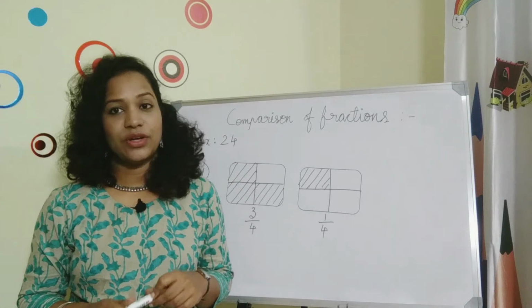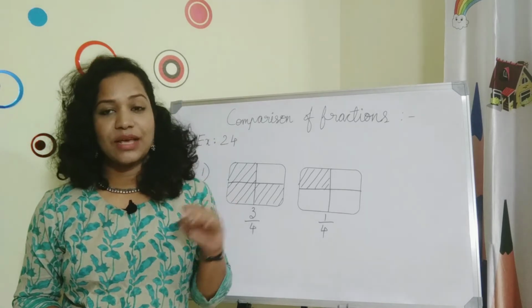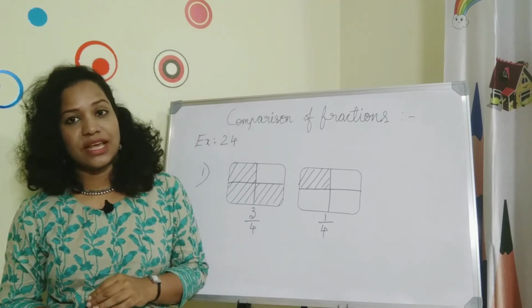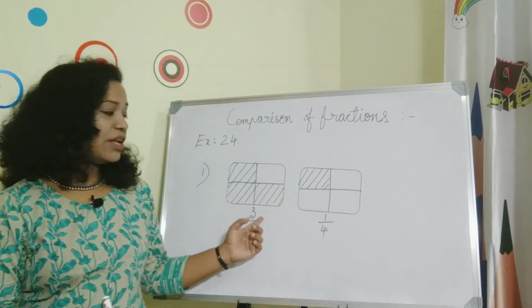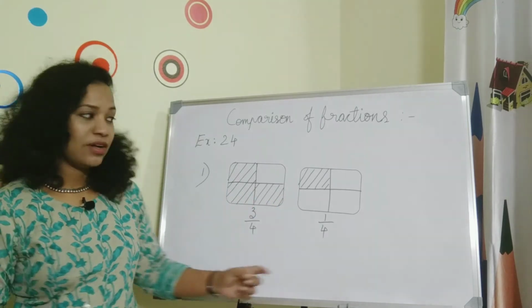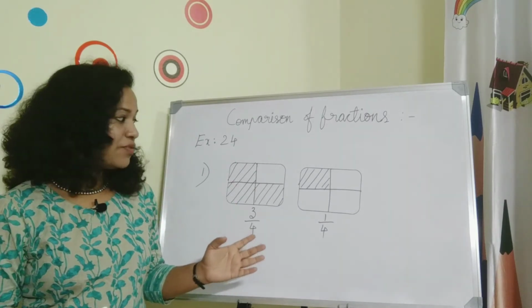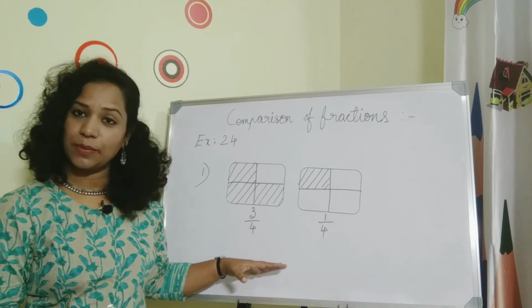In class 4, you have learned how to compare the fractions with the same denominator and how to compare the fractions with same numerator. Here we have two fractions, 3 by 4 and 1 by 4. Here you can see these two figures and it's very easy to identify which one is bigger. Yes, 3 by 4 is bigger.